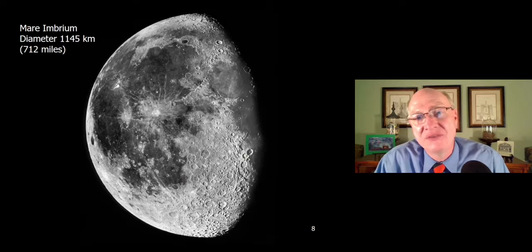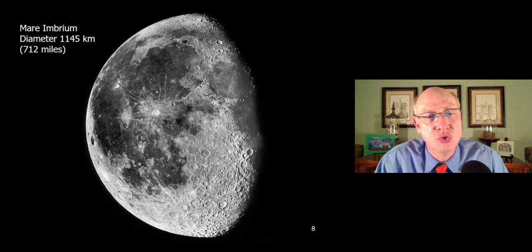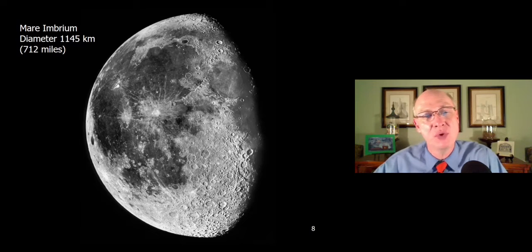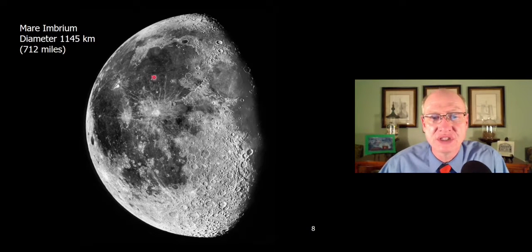We can do the same thing for the moon. The famous lunar geologist Eugene Shoemaker was studying the moon back in the 1950s, and he wrote one of the most important papers about the moon, where he laid out the geologic history of the near side of the moon by looking at the various layers that you can see. The part of the moon that he used here was the southern half of Mare Imbrium, the Sea of Showers right here.